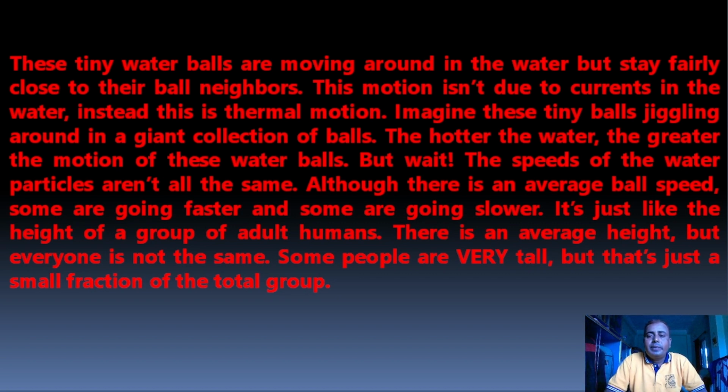But wait, the speeds of the water particles aren't all the same. Although there is an average ball speed, some are going faster and some are going slower. It is just like the height of a group of adult humans. There is an average height, but everyone is not the same. Some people are very tall, but that is just a small fraction of the total group.